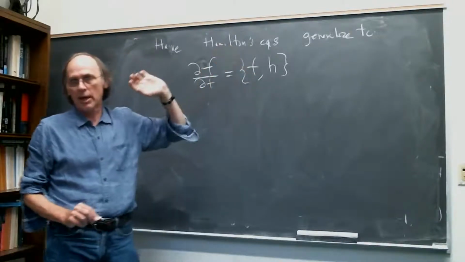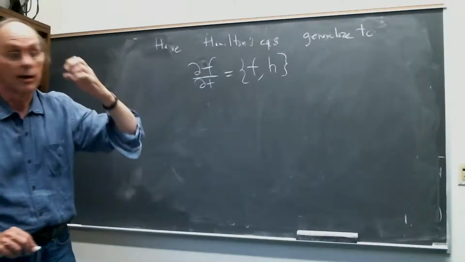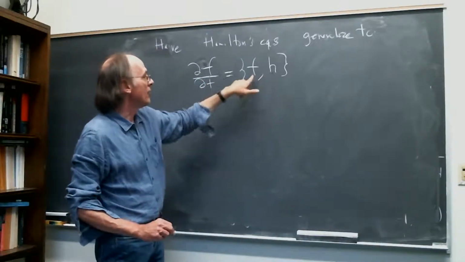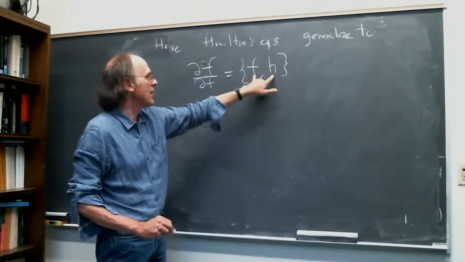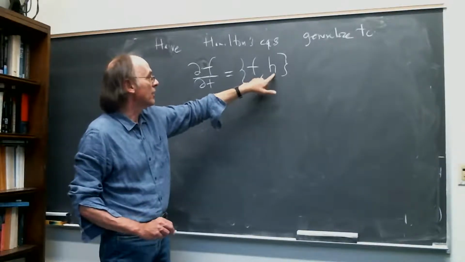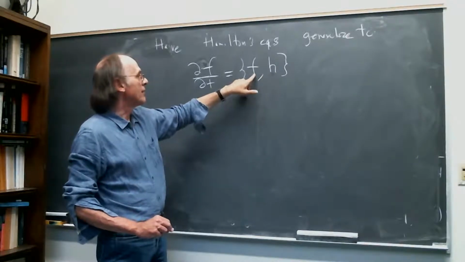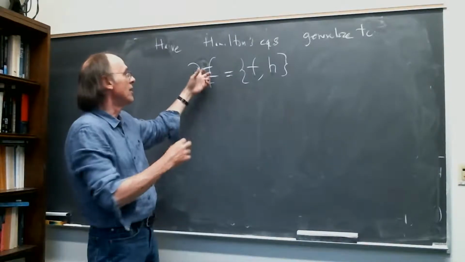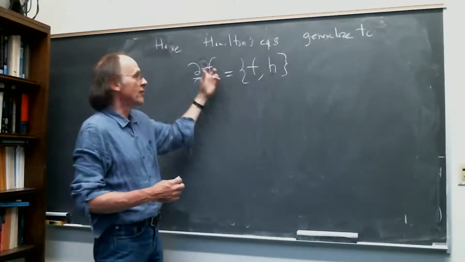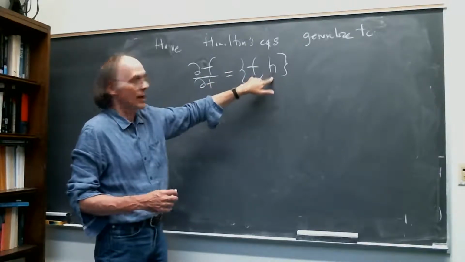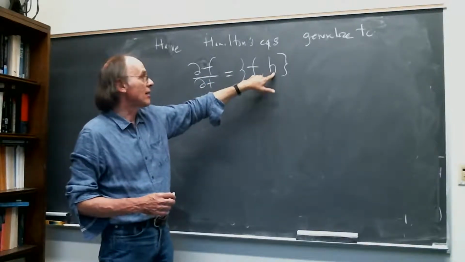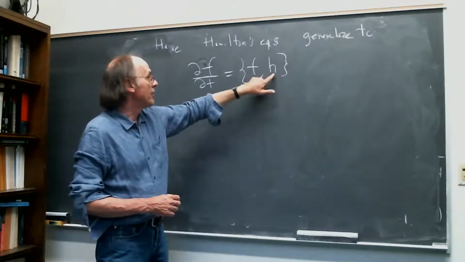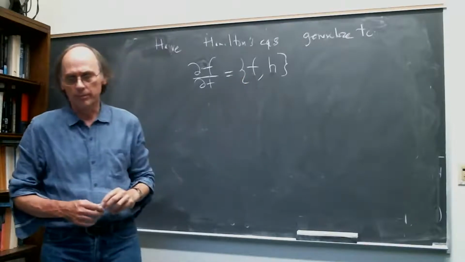This is the classical mechanical analog of the Schrödinger equation, if you like. This is how dynamics works. If you think of these functions as being in the Lie algebra, the observables evolve in time through the Lie bracket. This is giving you the infinitesimal change of an observable.